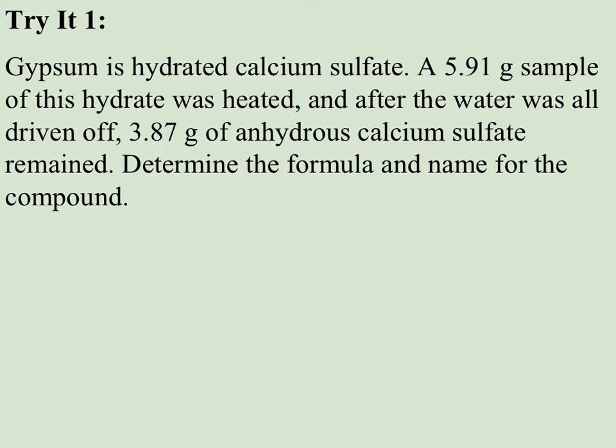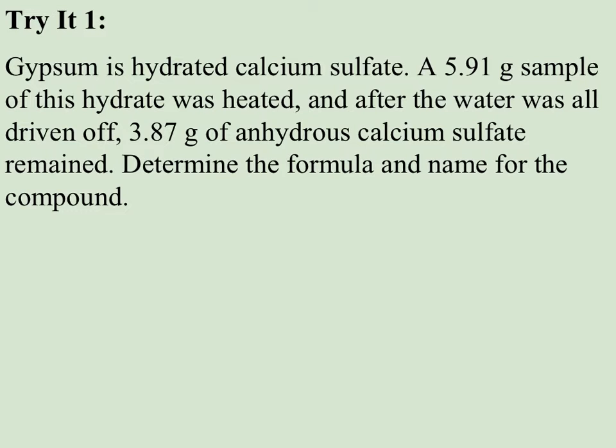So 1 calcium weighs 40.08 grams, 1 sulfur weighs 32.07 grams, and the 4 oxygen weigh 16 each. So my molar mass for calcium sulfate, 40.08 plus 32.07 plus the 4 oxygen, gives me a molar mass of 136.15 grams per mole.